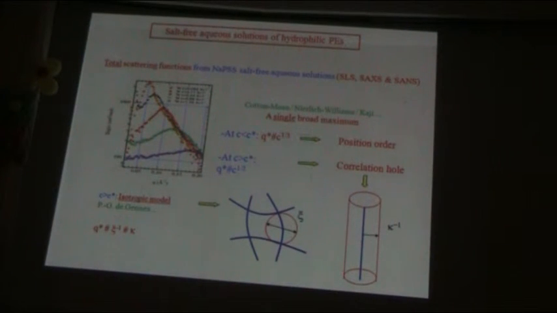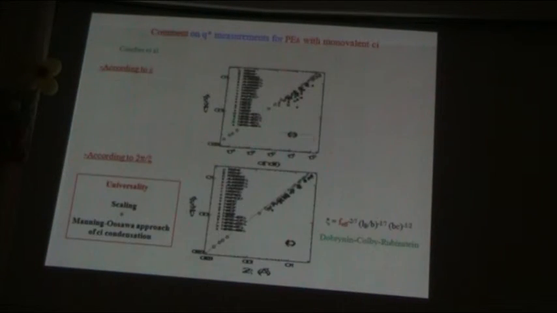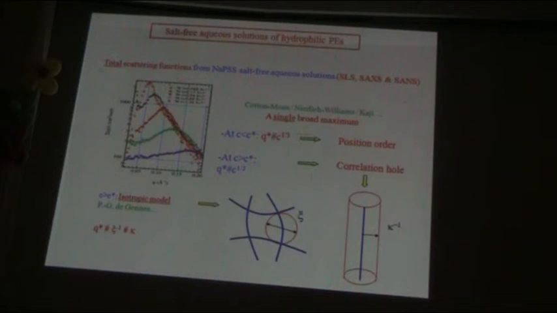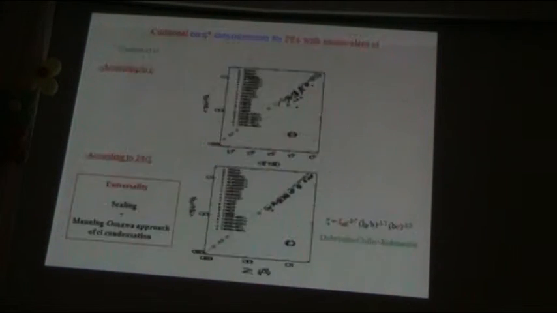Now, of course, by the position of this peak, you measure what we call the screening length, but the screening length has something to do with the Debye screening length in some aspect. So now, if you look at different macroions, different counterions, and you plot the position of this maximum with respect to the concentration, you see you have some dispersion here.